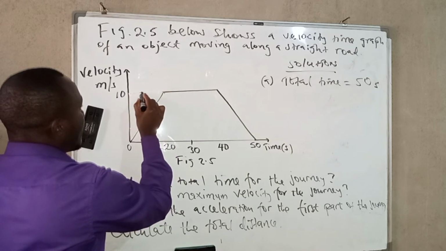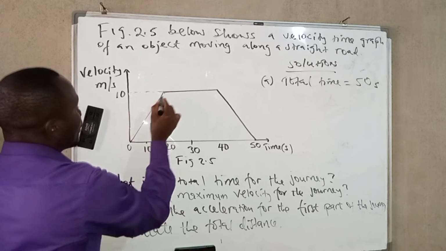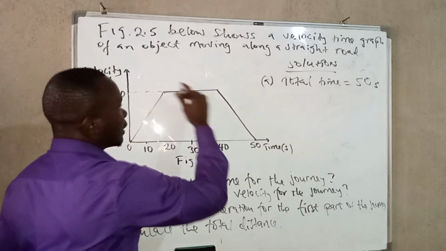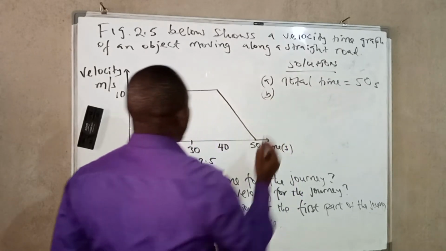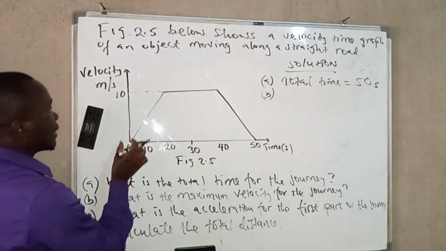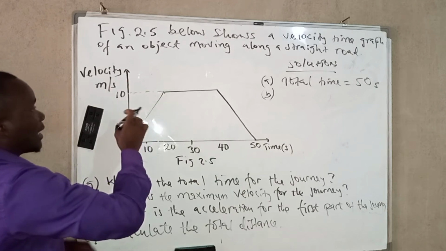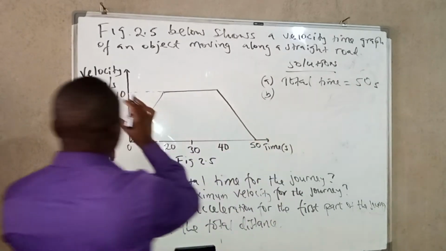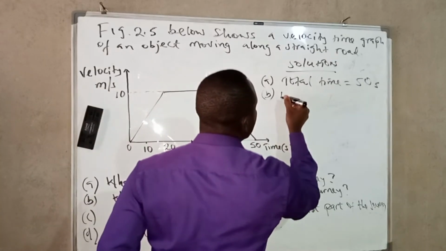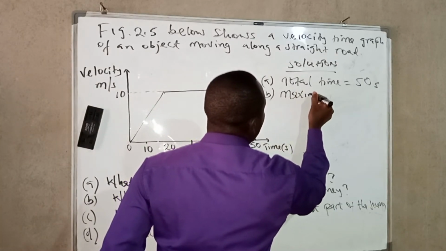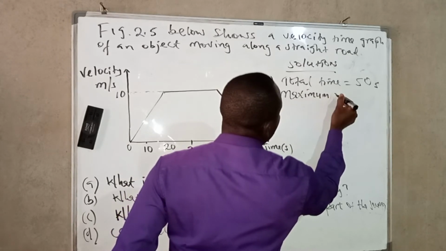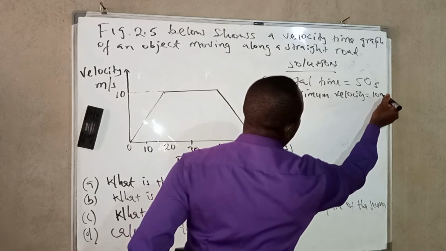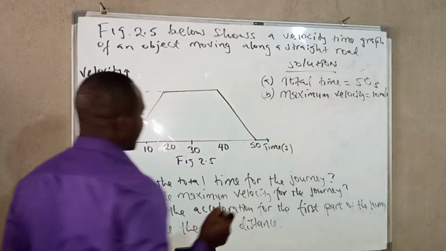It came to this one as the maximum velocity. So B, the maximum velocity is 10 meters. So this axis is for velocity. So maximum velocity is equal to 10 meters per second.